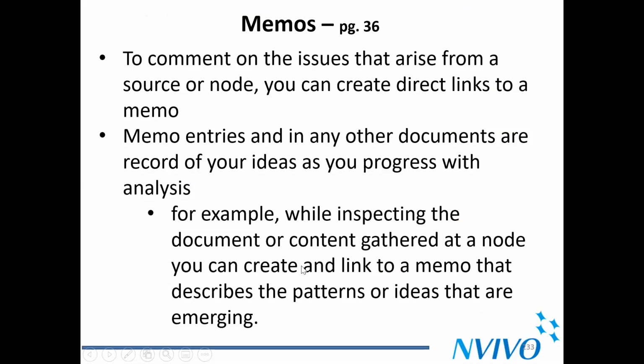This is memo. What are memos? To comment on the issues that arise from your source or notes. You can create a direct link to a memo, or you can write your reflections. Memo entries are other documents where you record your ideas as you progress with analysis. For example, while reviewing the documents or content gathered in the notes, you can create a link to a memo that describes the patterns or ideas that are emerging.